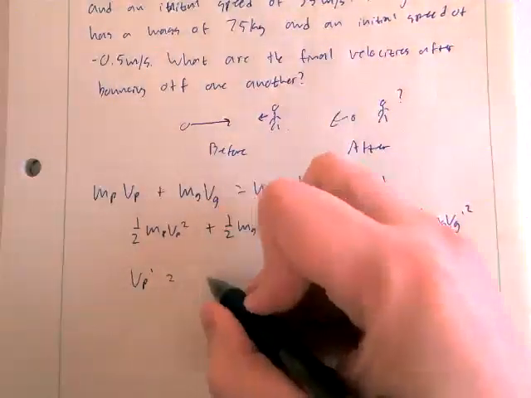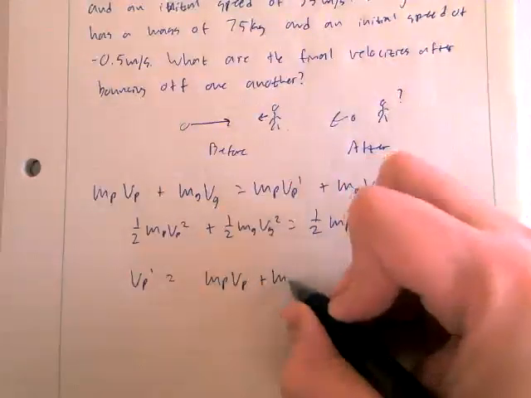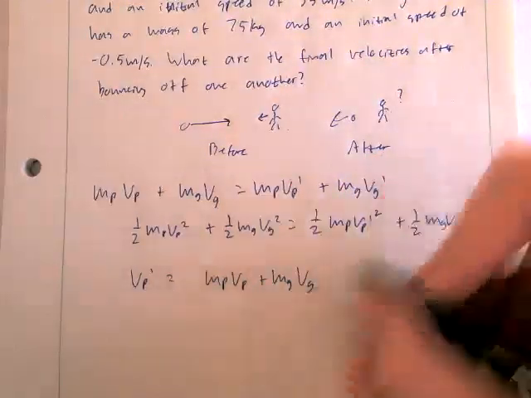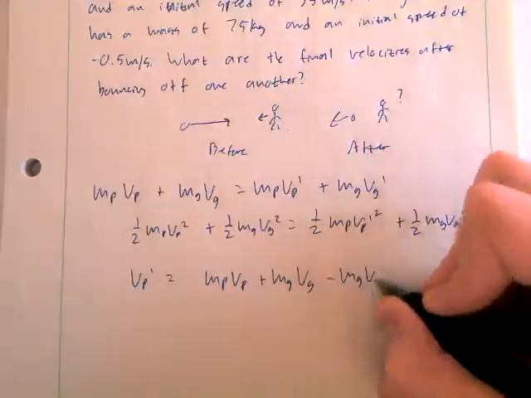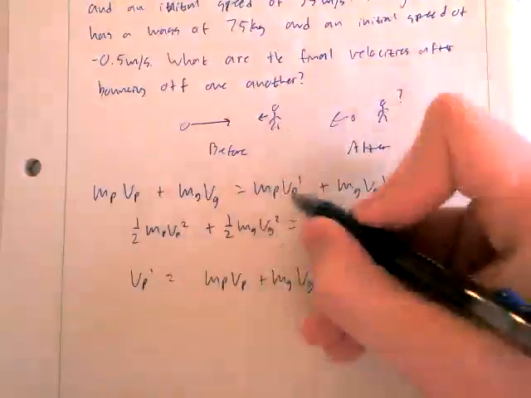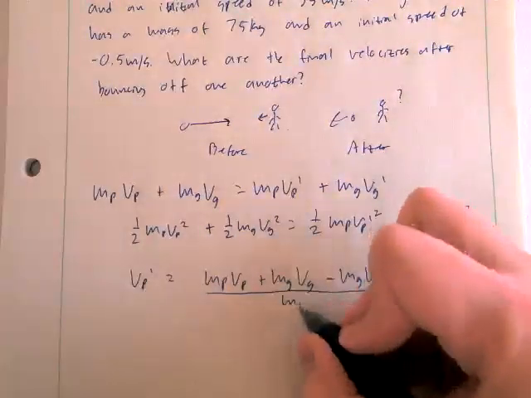Well, we're going to have all of this stuff first: MP VP plus MG VG minus MG VG prime, right? So I subtract this over here, and I divide the whole thing by the mass of the puck.